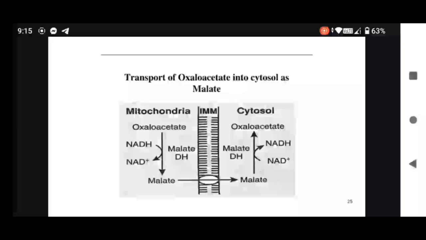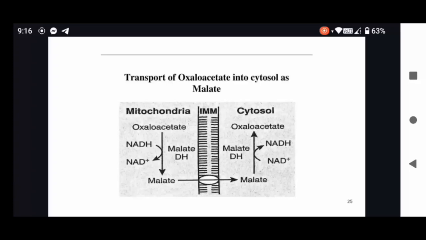Transport of malate to the cytosol. Malate is transported through the inner mitochondrial membrane into the cytosol via a specific transport protein. Then, conversion of malate back to OAA in the cytosol.